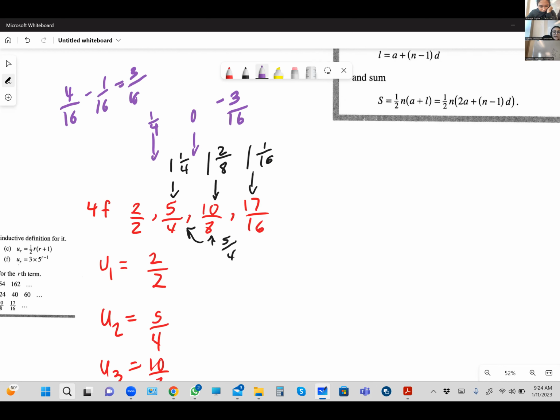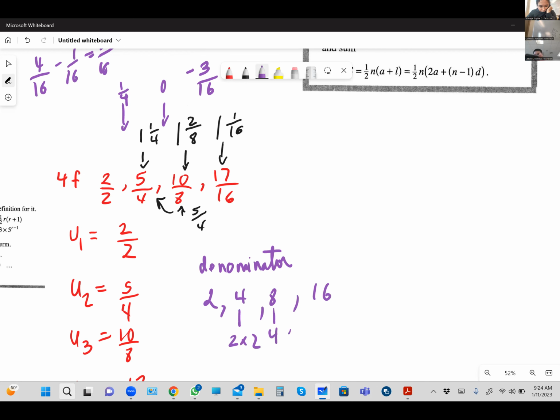Is there any other pattern? For instance, I see another pattern. In the denominator, before you're going 2, 4, 8, 16. So this is 2 times 2.